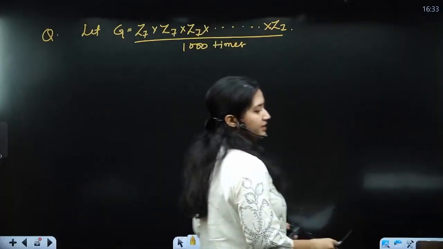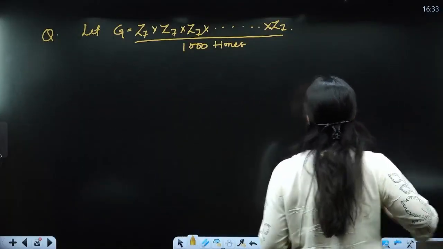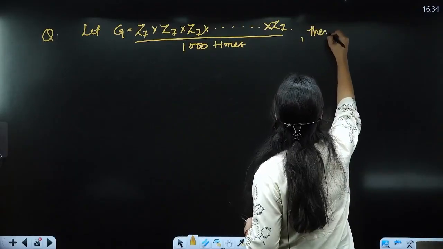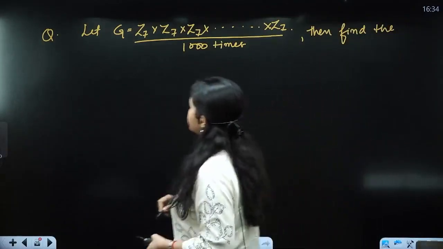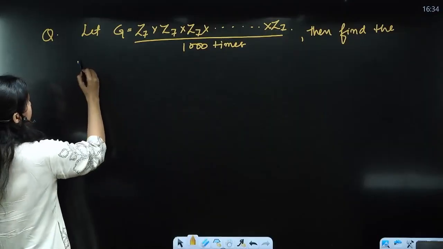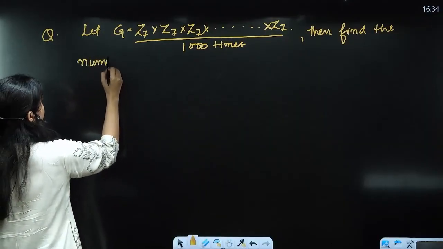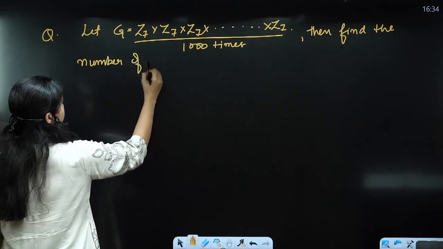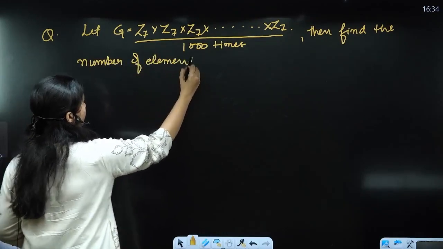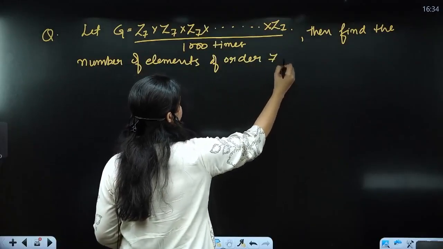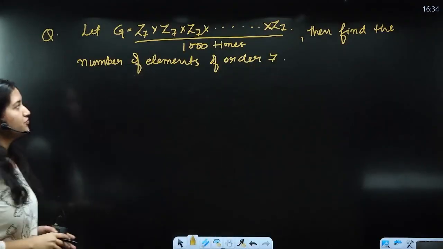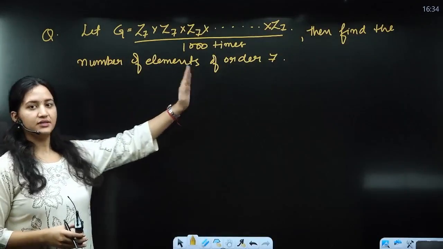Then find the number of elements of order 7.